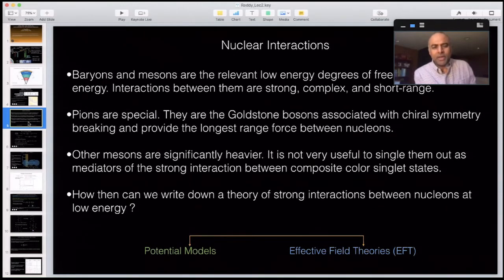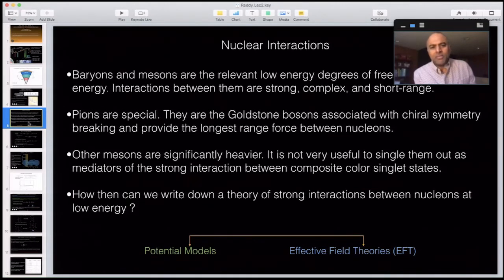We also know that the pion is the lightest of the mesons, and in fact, it's lighter than the other mesons by a large amount. Its mass is only about 140 MeV. Most of the other mesons that we see are significantly heavier, and we understand why that is the case. That's because pions are Goldstone bosons that arise when you break a symmetry.